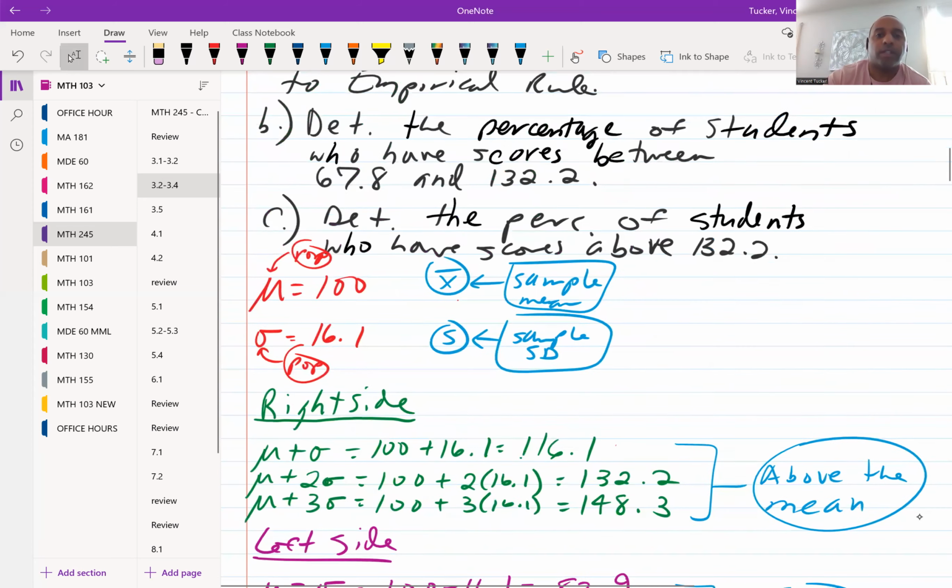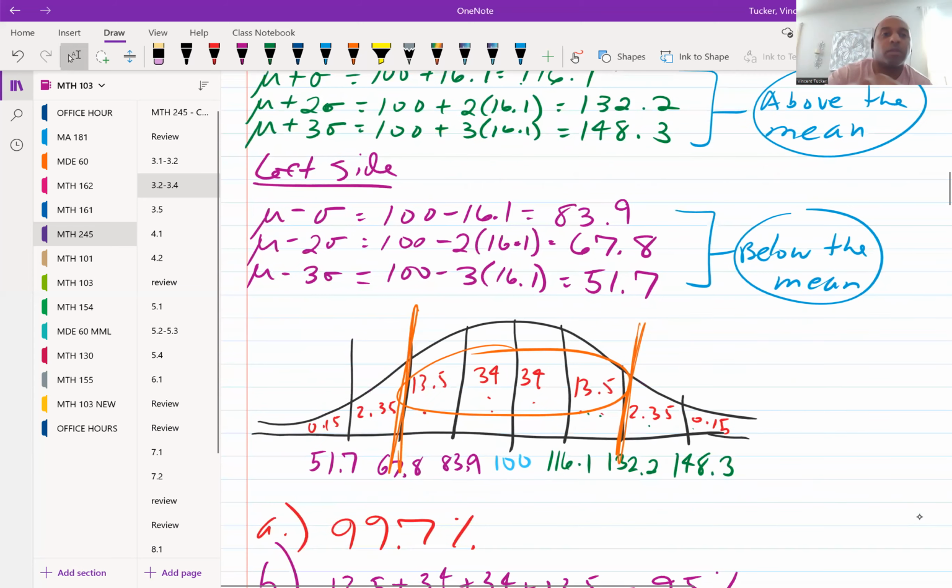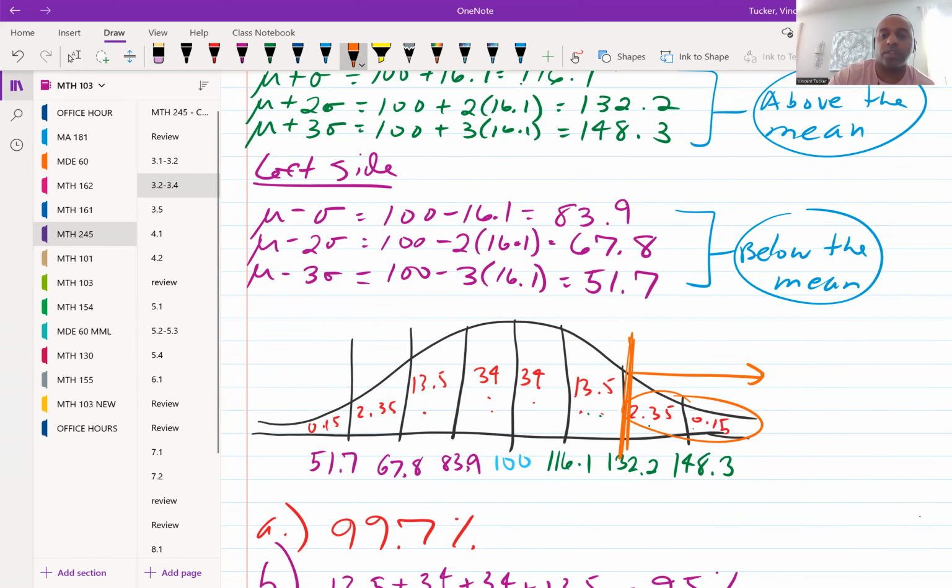All right. C, determine the percentage of students who have scores above 132.2. So 132 is right here. And then you say above. So you're talking about these values, these percentages.